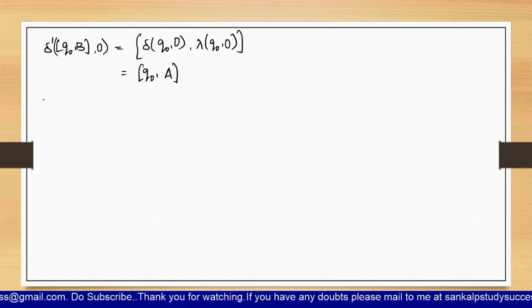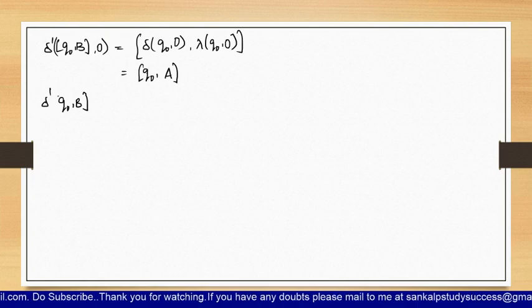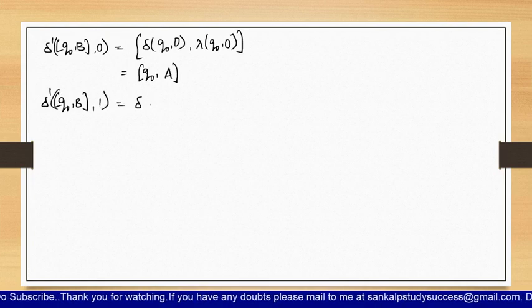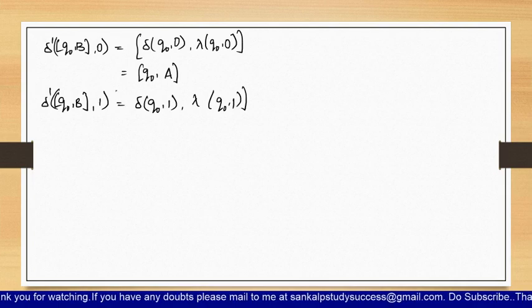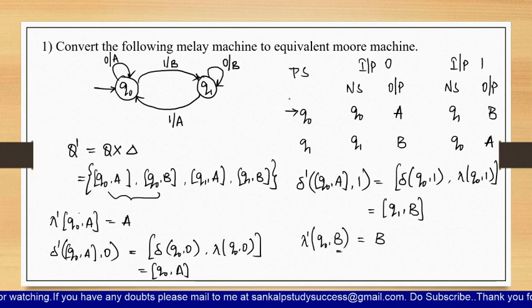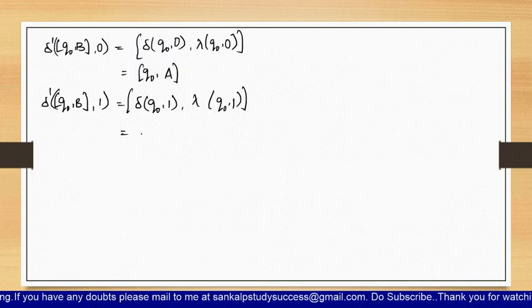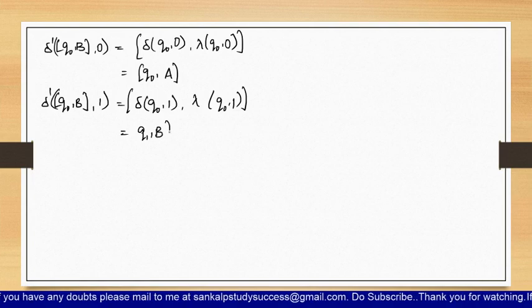Now by applying 1, what does it become? From the formula we write (Q0, 1), lambda of (Q0, 1). (Q0, 1) is nothing but Q1 and the output is B. So (Q1, B).